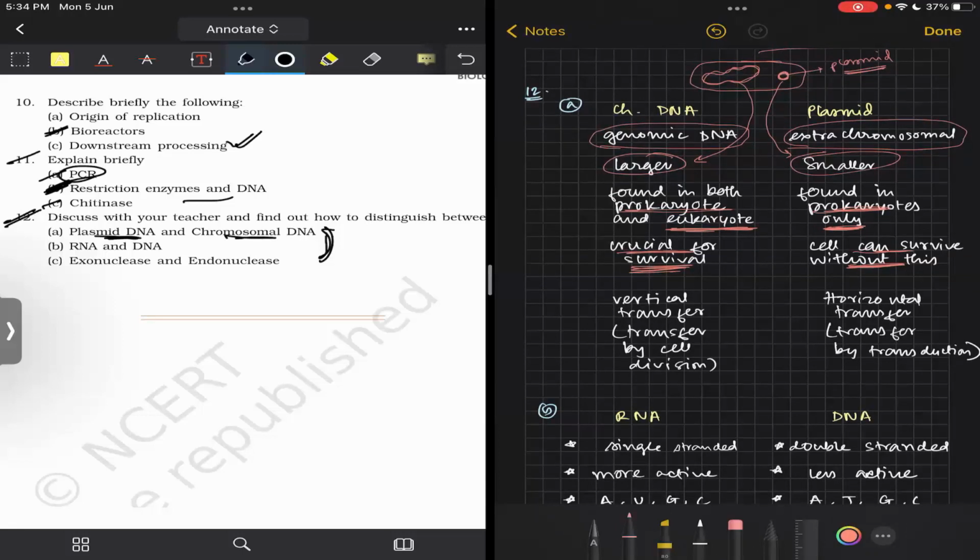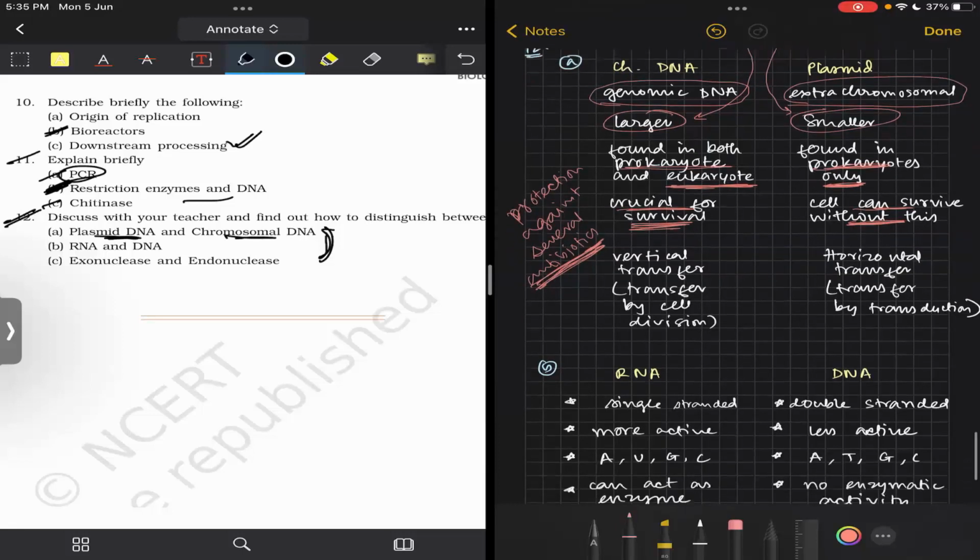Plasmid gives the cell additional functions like protection against several antibiotics, but it is not an essential function like metabolism or anything like that. So a cell can very well survive without plasmid also.